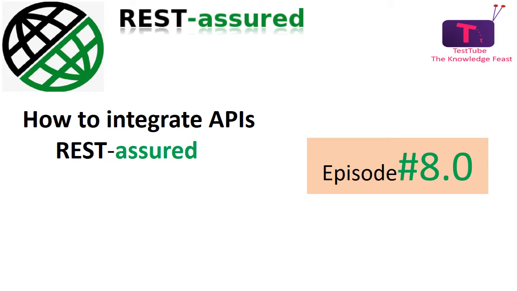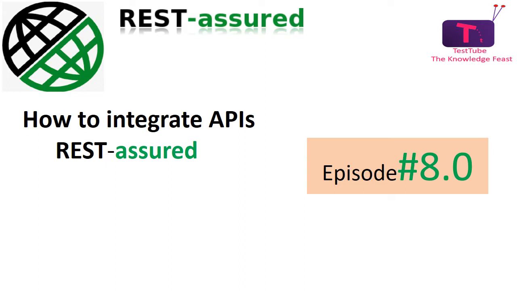In fact, there are 3 parts to this video, which are episode 8.0, 8.1 and 8.2, and all these videos are interrelated. Once you see all these 3 videos, you will understand how to integrate APIs in Rest Assured.